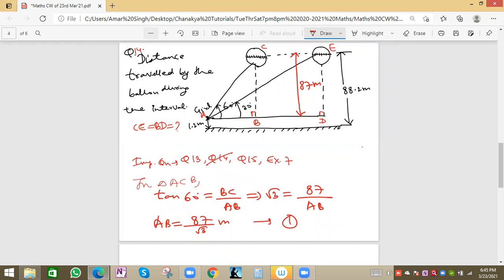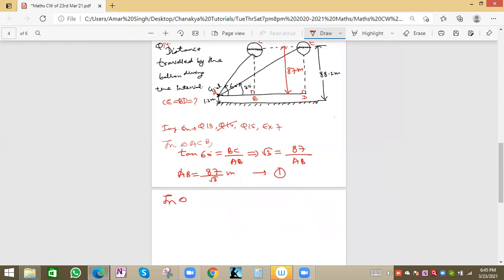Second, we can take the big triangle, triangle AED. In triangle AED, we have tan 30 degree, because the angle is 30 degree, which is opposite by adjacent, P by B, ED by AD. ED is basically 87, and AD is not known, so we can write AB plus BD, no issue.